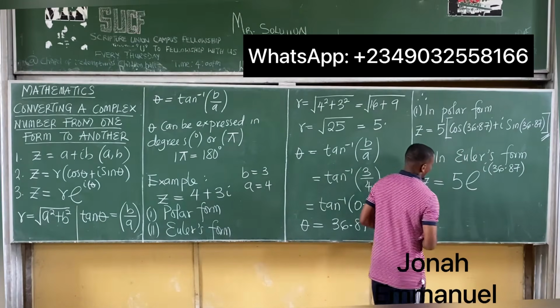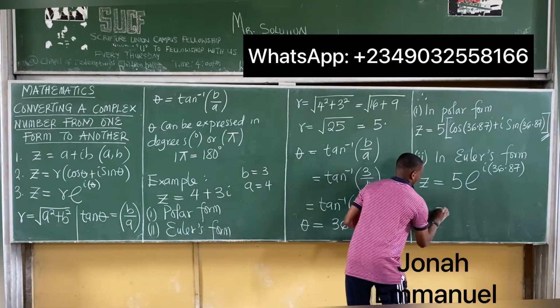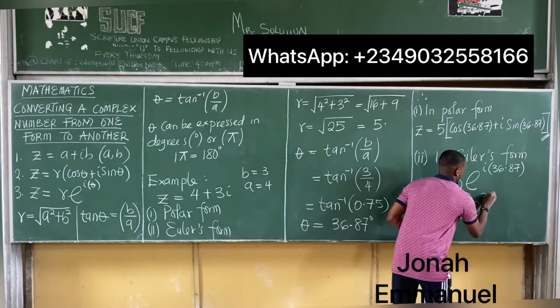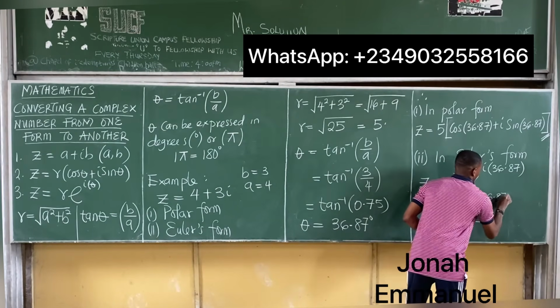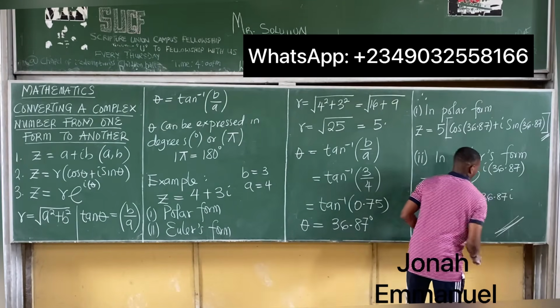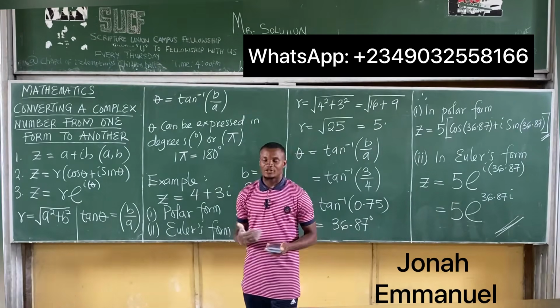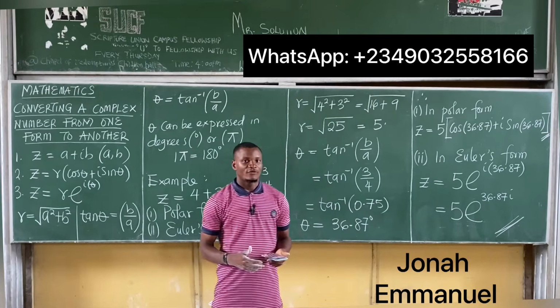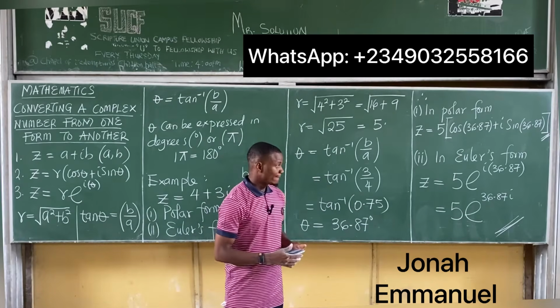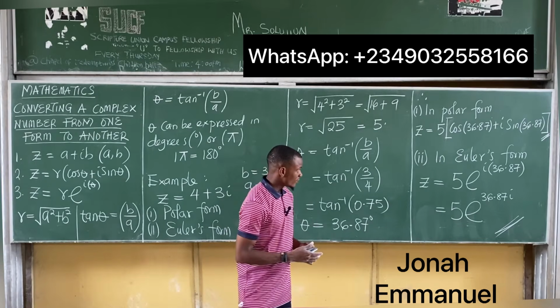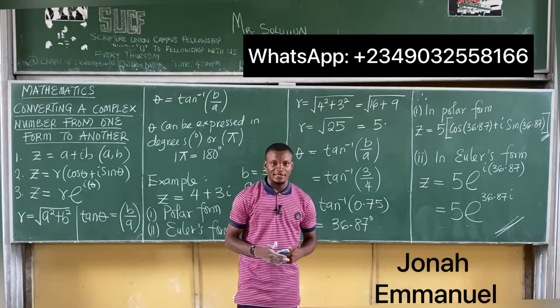We can leave it this way, or we can say that's equal to 5 exponential 36.87 i. All right, so this is how we do the conversion of complex numbers from one form to another. Now look at the next task.